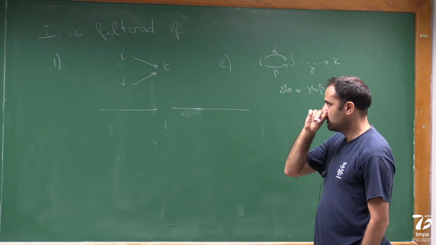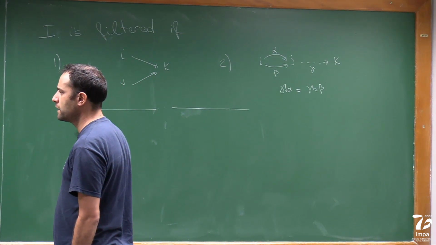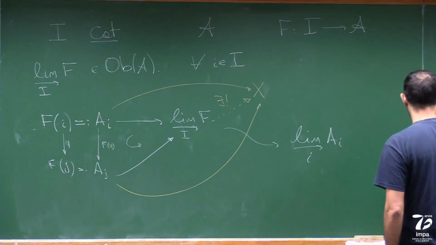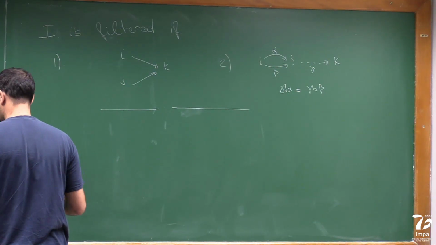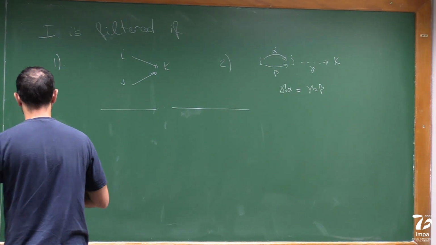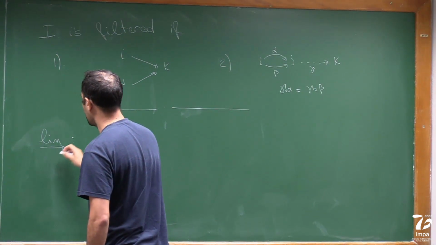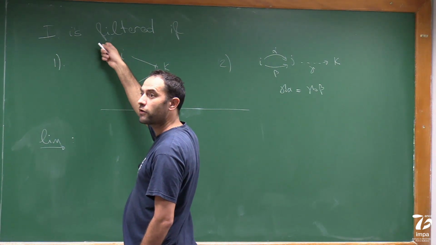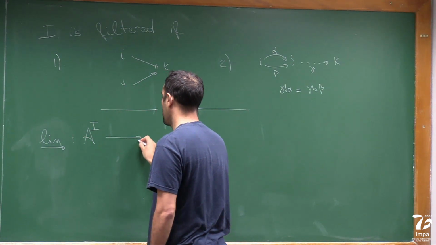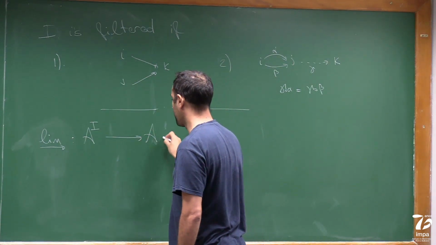Okay, so what we want to prove is that colimits are exact. So first of all, this colimit, this guy, I can view it, if I fix the indexing category I, as a functor itself from A to I, the category of functors from I to A, to A. It's a functor.